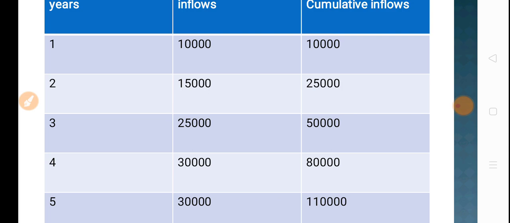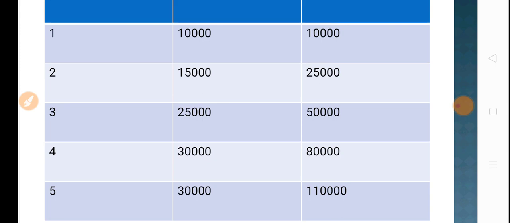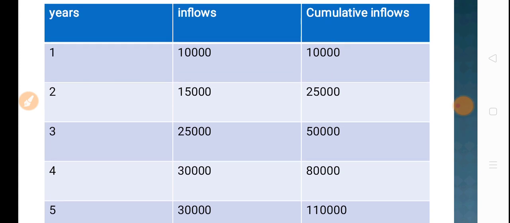Once more, I would like to explain. Listen here. In the first year, they have 10,000 inflows. So they have no previous year inflows here, so we are rewriting that inflow as cumulative inflows.